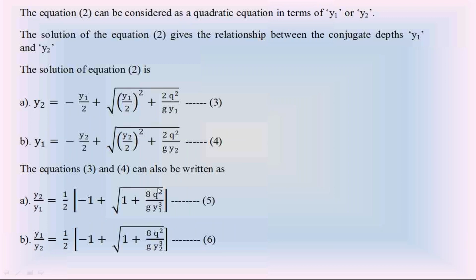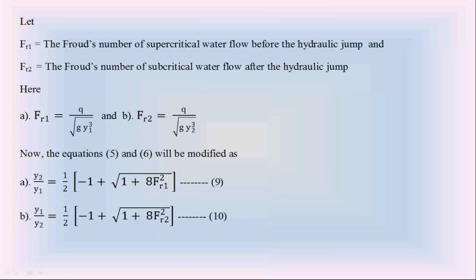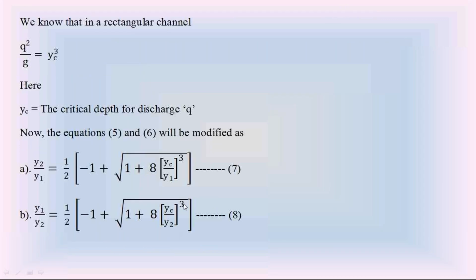Similarly, in equation 6, q square by z is yc cube into y2 whole cube, which becomes yc by y2 whole cube.